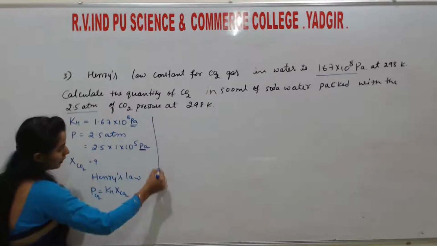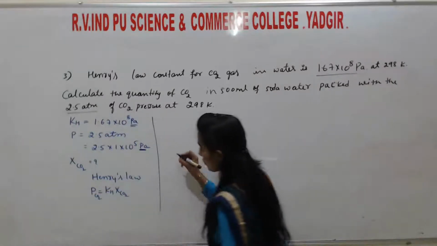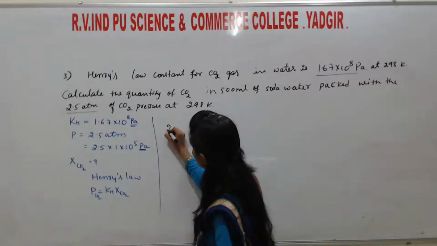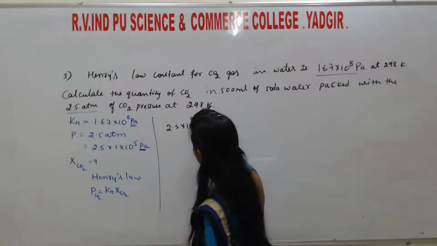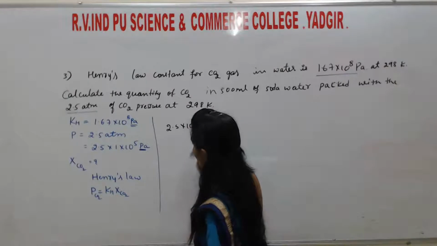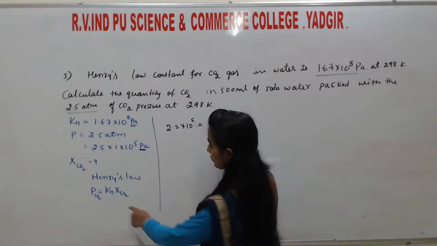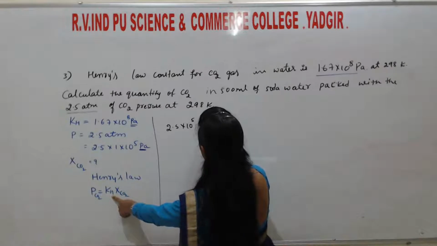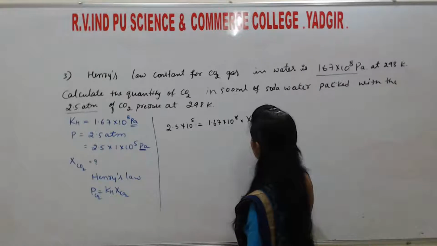Applying the given values, P of CO2 is 2.5 into 10 power 5, equal to 1.67 into 10 power 8 into X of CO2.